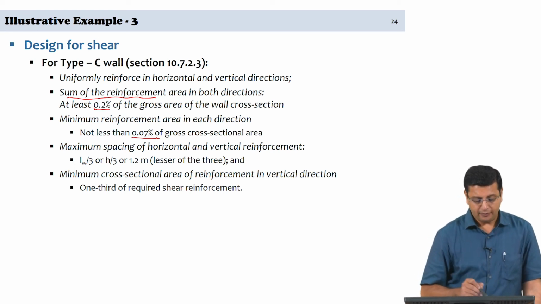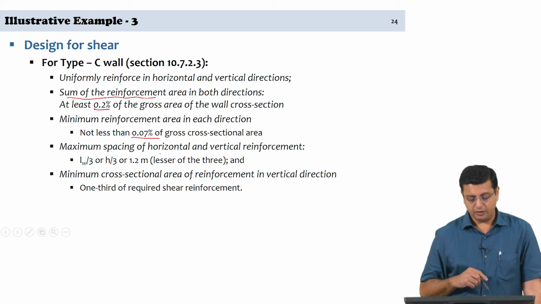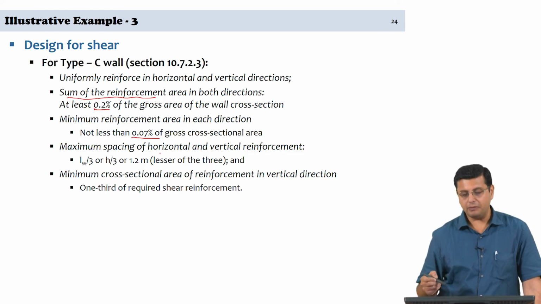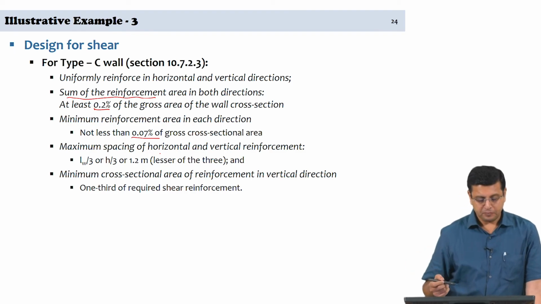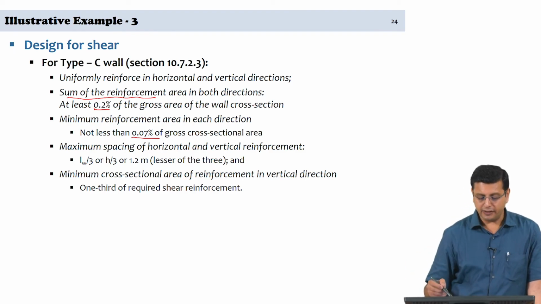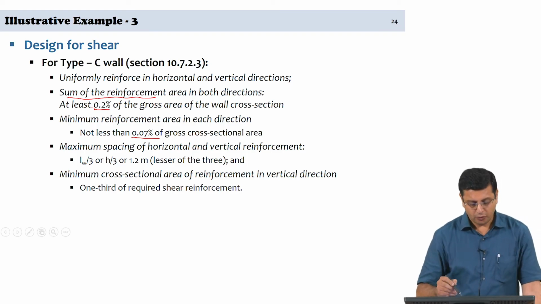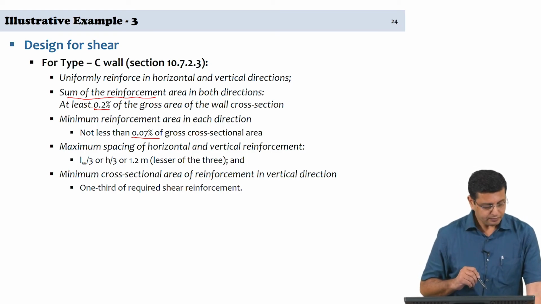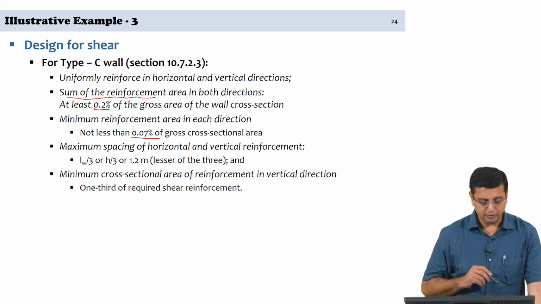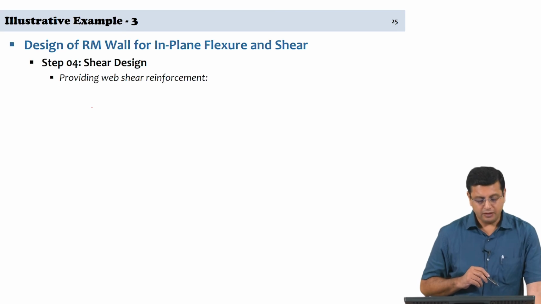So, that is something that will get violated, because earlier we saw 0.025% is what we get by providing 8 mm bars at 1 meter spacing, and then in the horizontal and the vertical directions together we must get at least 0.2%. So, it is important to go and check if we satisfy these requirements.